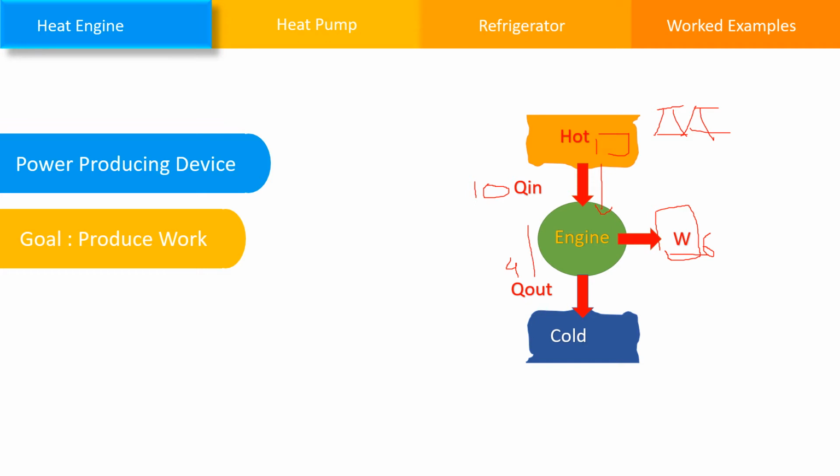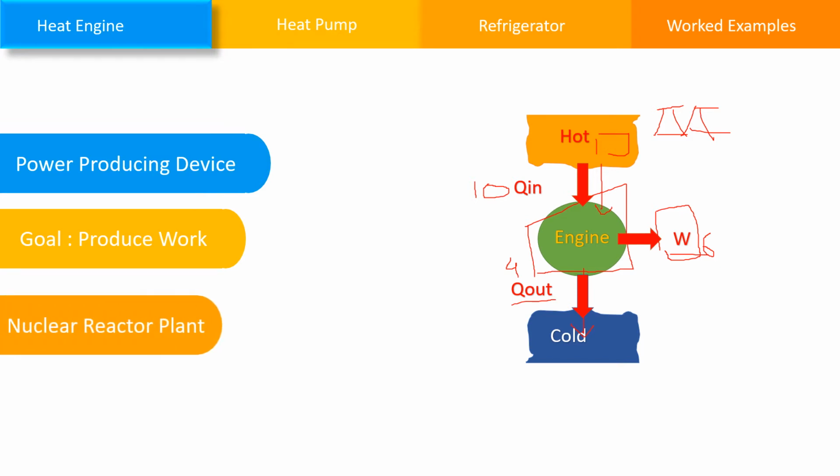This part is my closed system. There will be water running inside it. By taking this heat, it will be converted into steam, and the steam turbine runs to give work output. And then this steam is sent to the condenser, which rejects the heat to the colder environment. So that is my Q out.